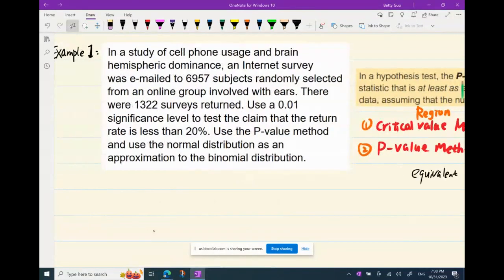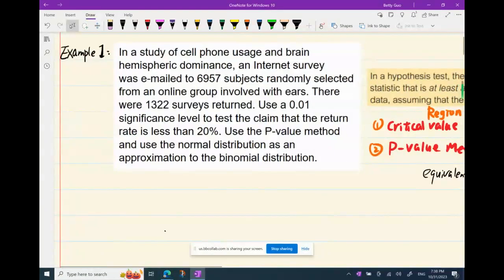Okay, so how do we start the process? The very first thing is always to identify the OC. Can anybody guess what OC represents? I think I used it last time. What does OC represent?